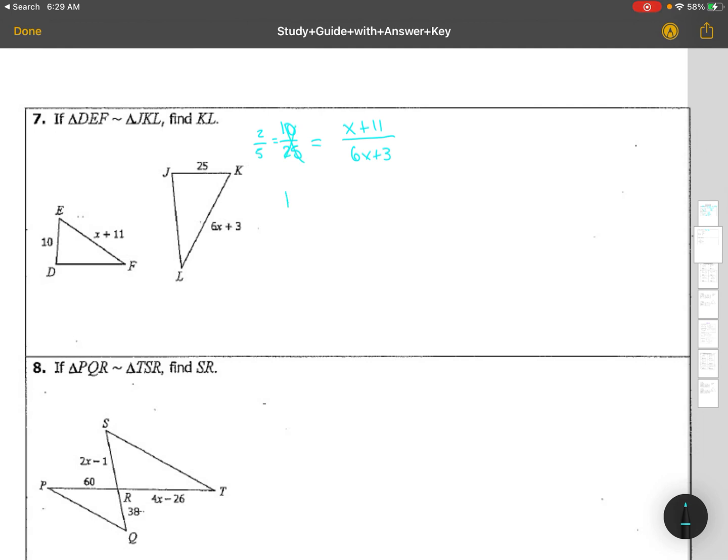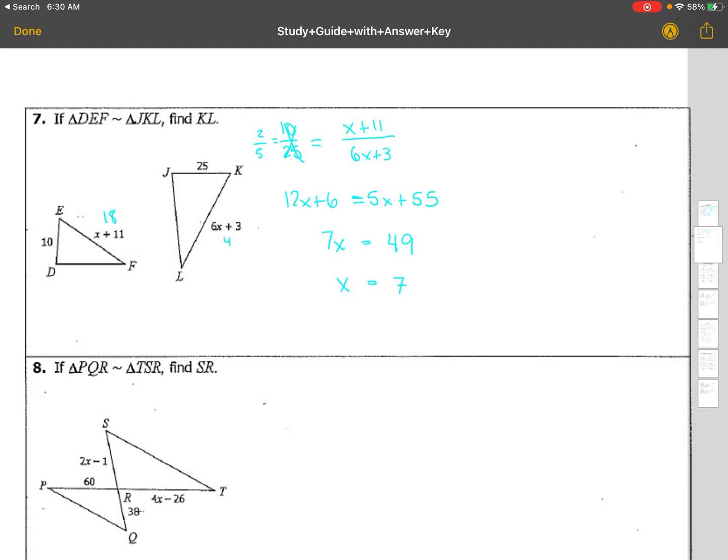So now we're going to cross multiply again. 2 times 6x plus 3 is 12x plus 6 equals 5x plus 55. Let's see, 12x minus 5x is going to be 7x. 55 minus 6 is 49, and so x is going to equal 7.